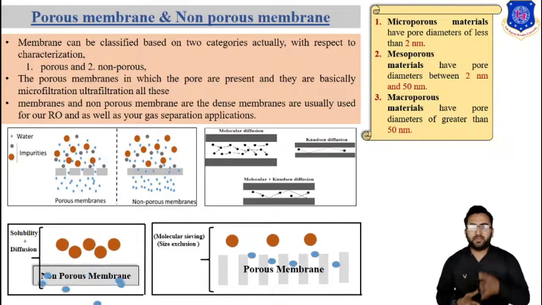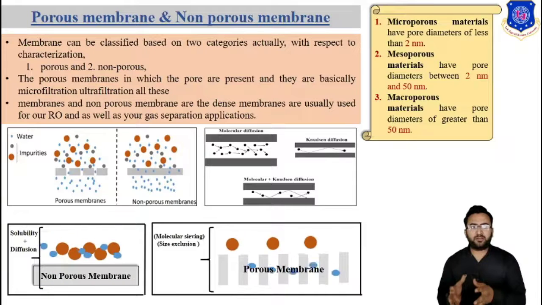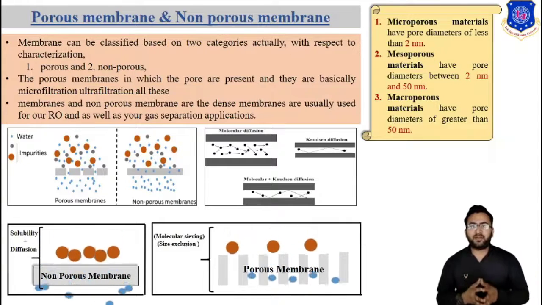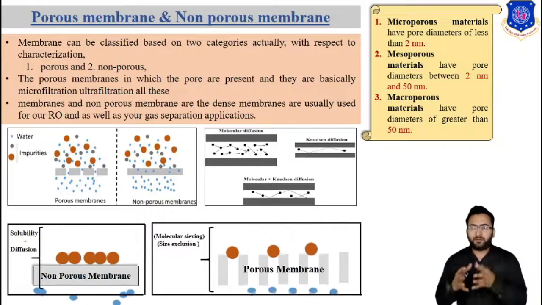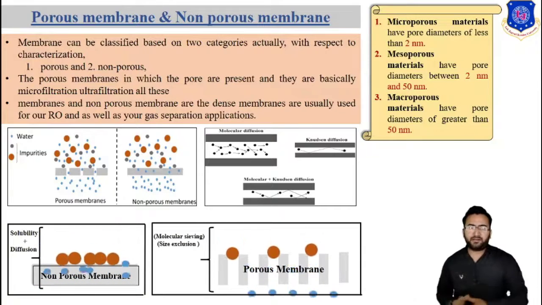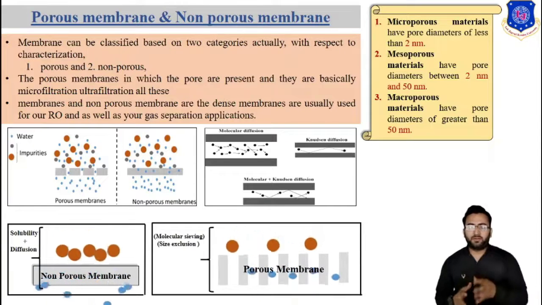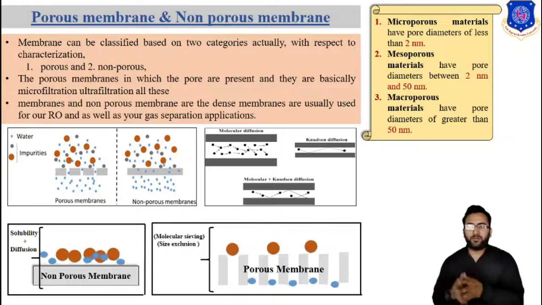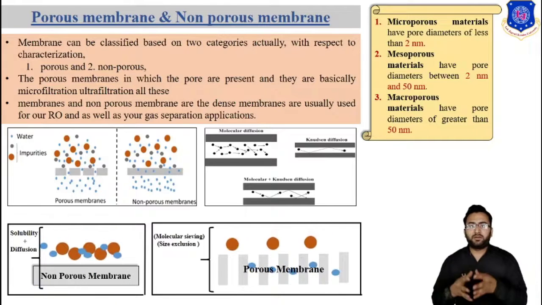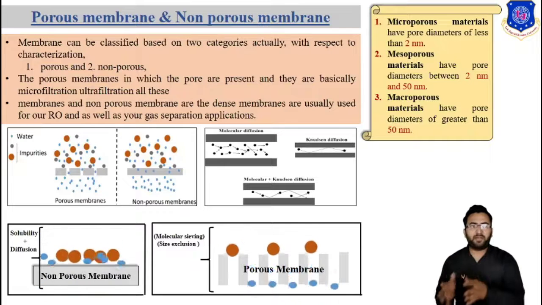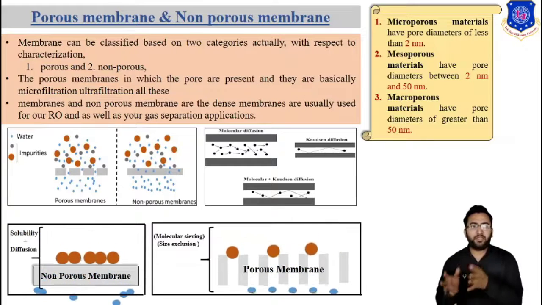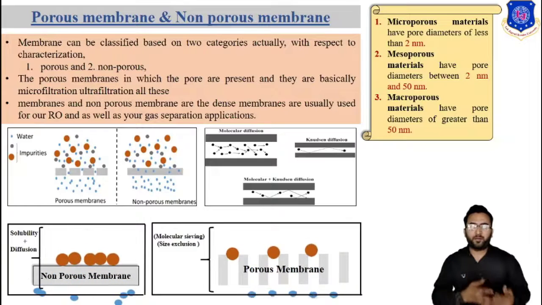Initially, solutes which are supposed to permeate through the membrane come and sit on the surface of the membrane and are solubilized inside the membrane matrix. Once they are solubilized, they further diffuse across the membrane to the permeate side. There are no pores in a non-porous or dense membrane; only solubility and diffusivity play an important role in the transport of the solute or solvent through the membrane.